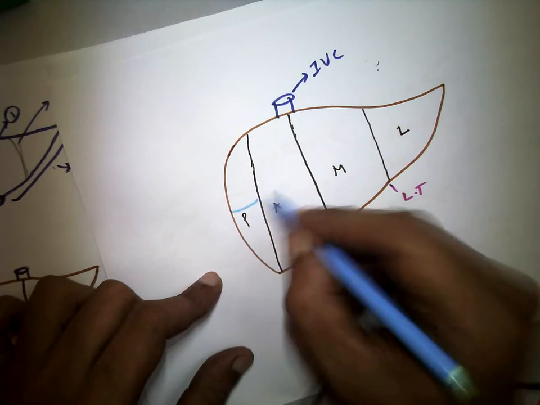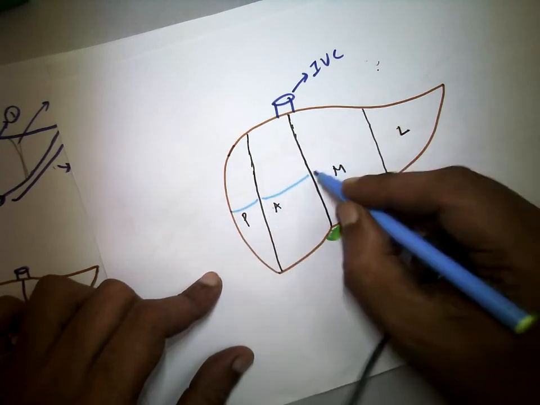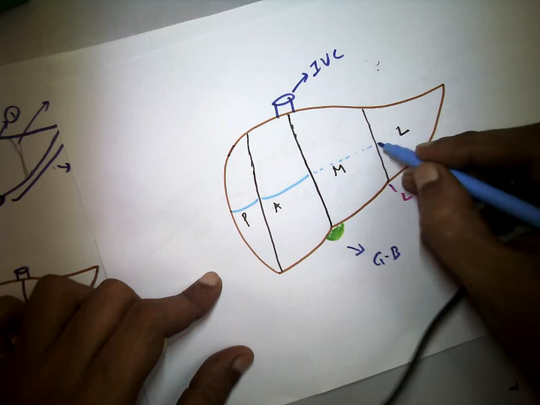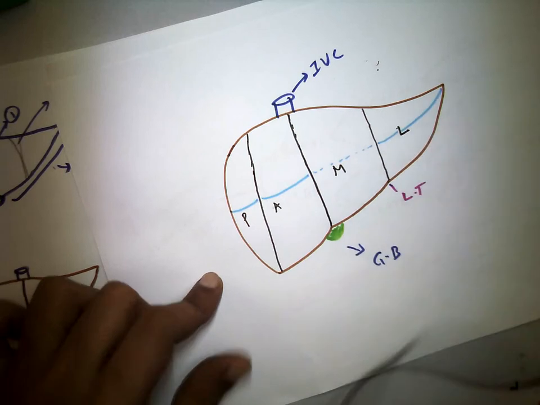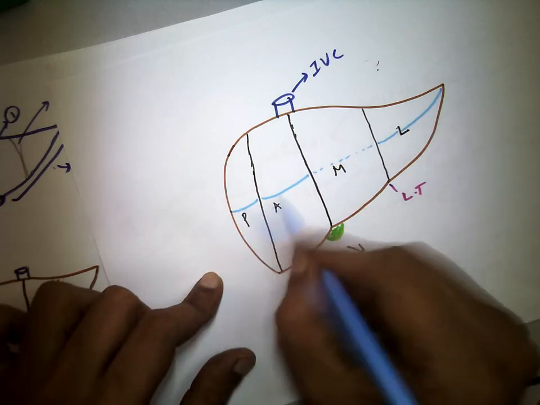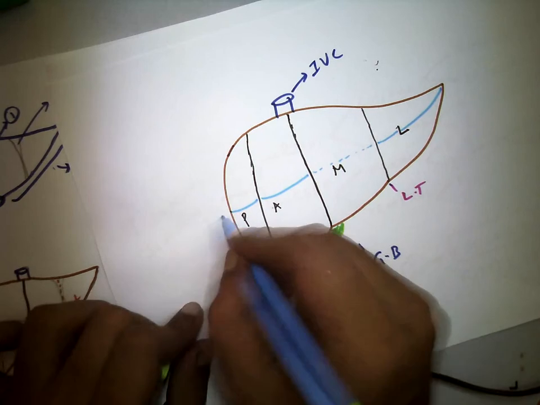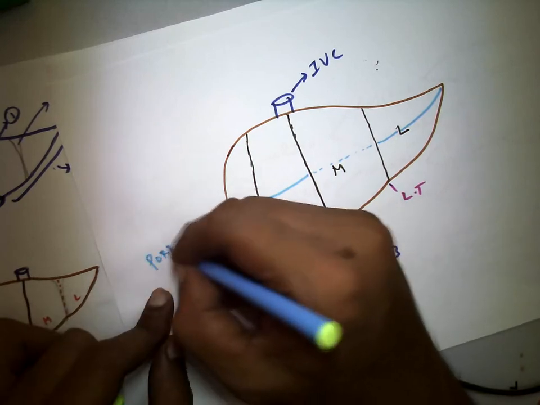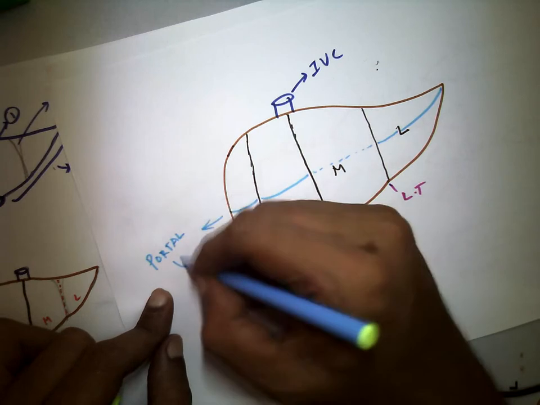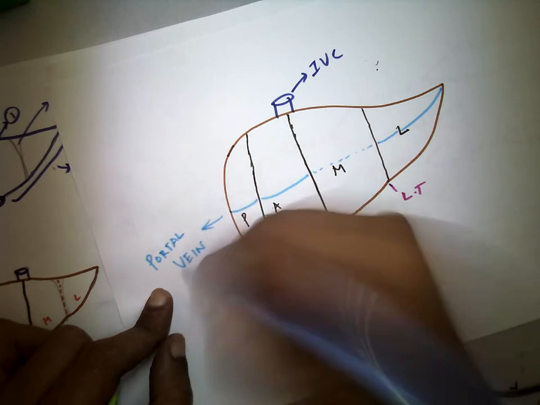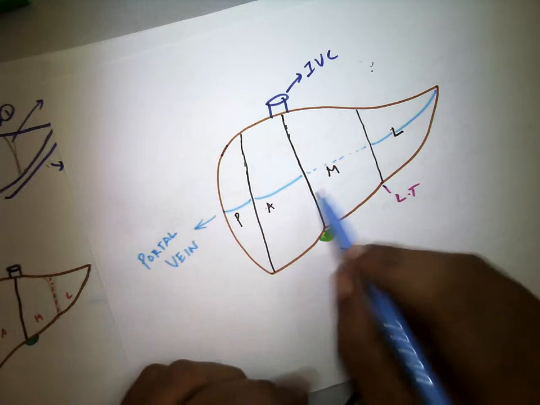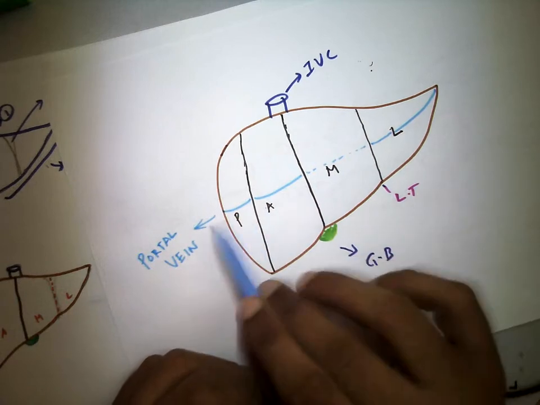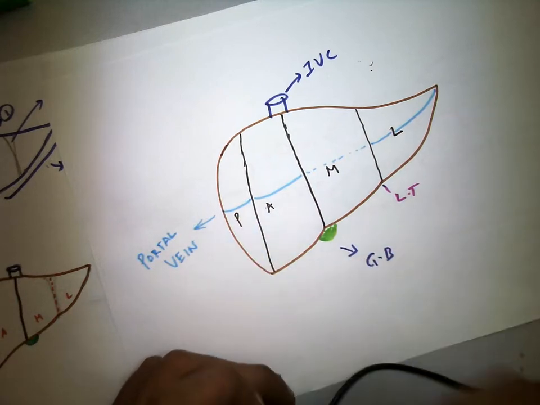This superior and inferior division is made exactly at the branching of the portal vein. Inside the liver, where the portal vein is getting divided, at that plane this particular division is being made here.